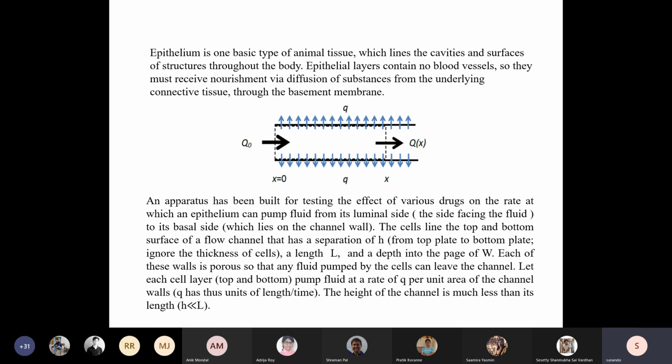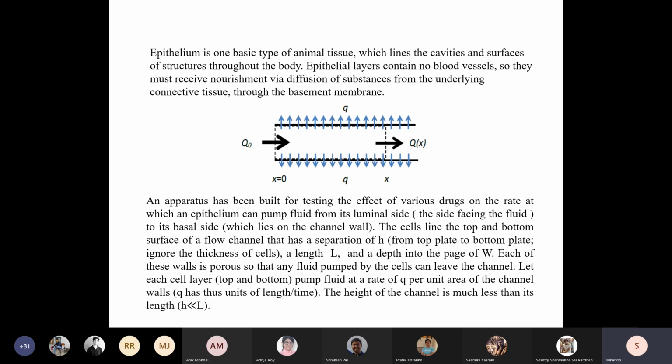The last problem, once again, I would discuss and not solve; I will provide you with the answer and then the solution at a later date. This example I have taken from biology.